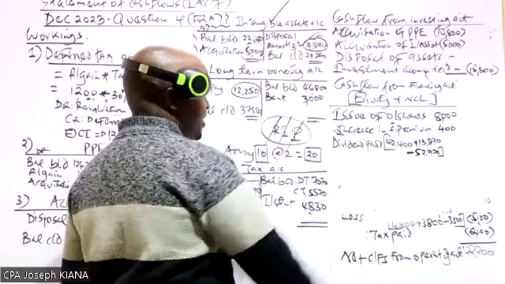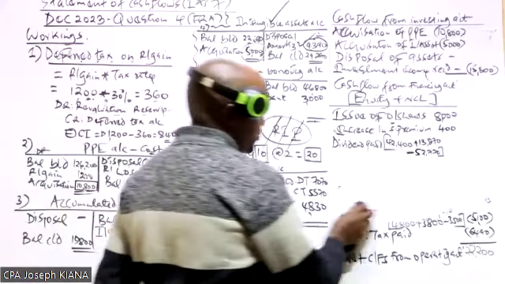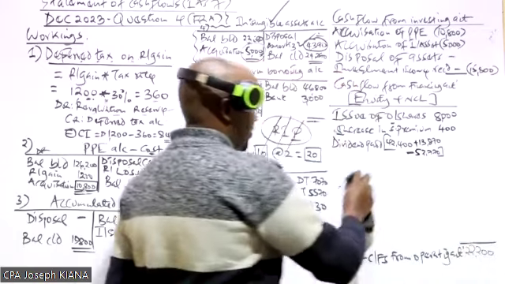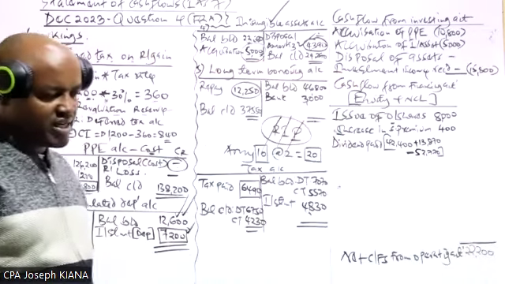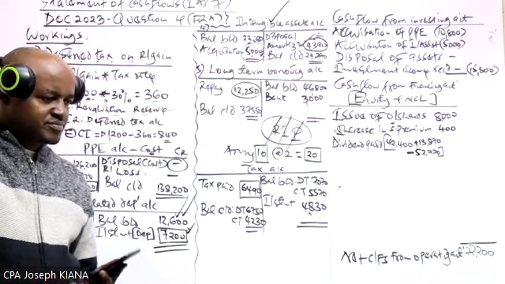Whatever you get here are the dividends which were paid. That's how we compute the dividends paid using the retained profit figure.